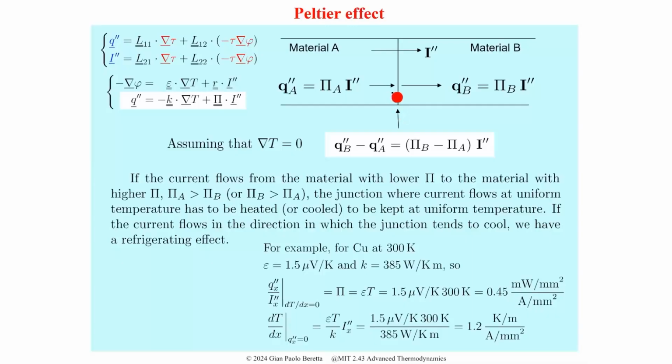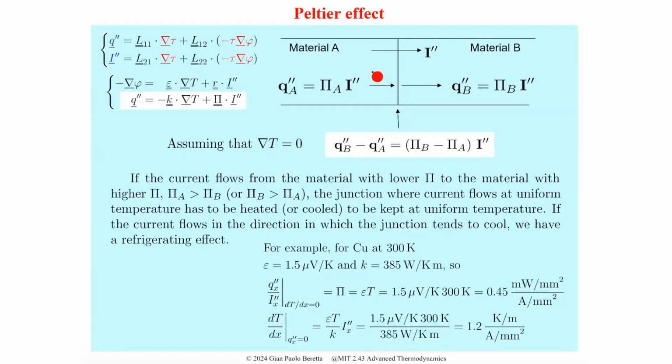or you can make it simply if you have a thermocouple. Also, a thermocouple is where you have a junction between two different materials. You have the possibility of using this effect.